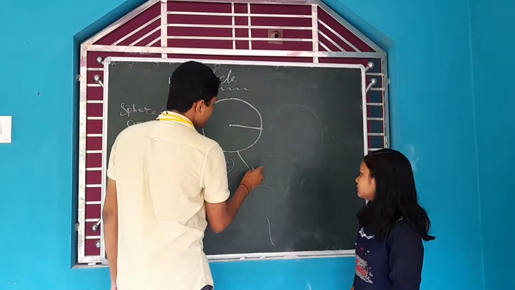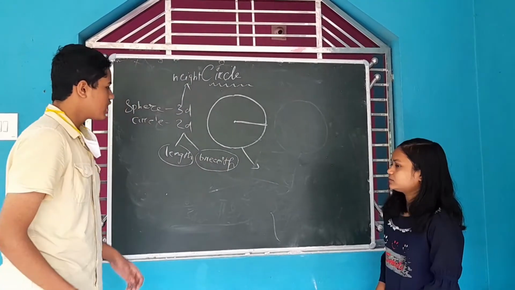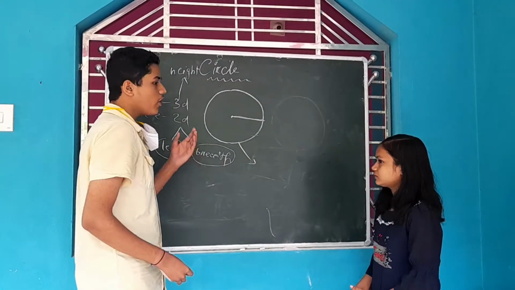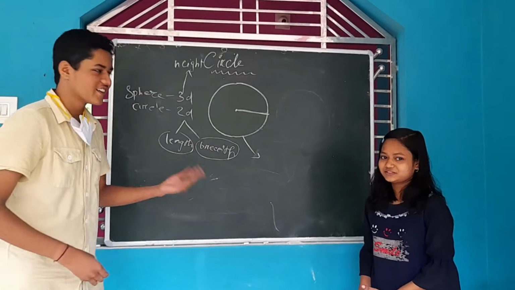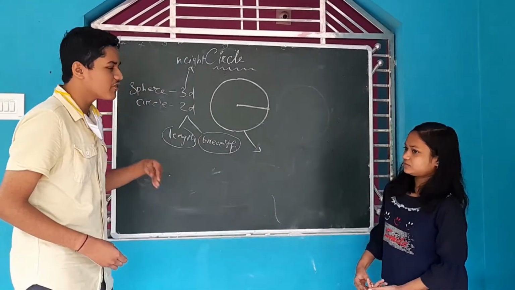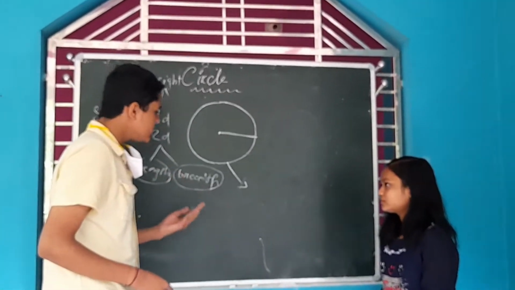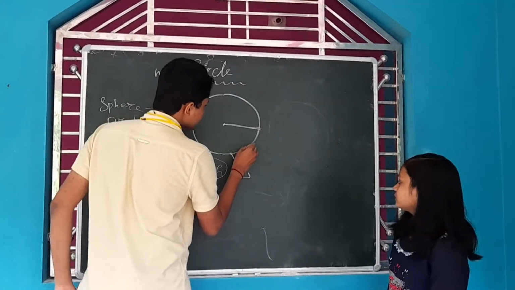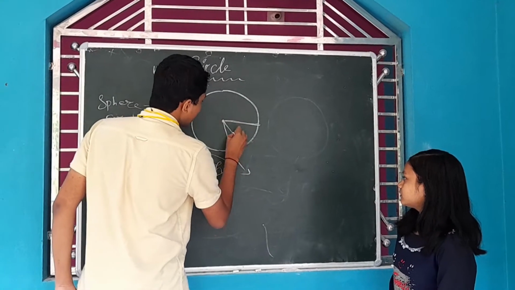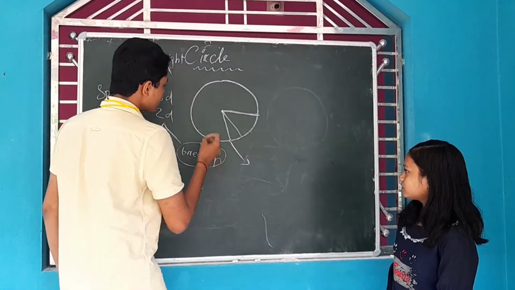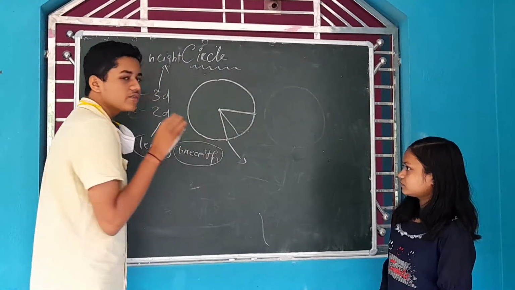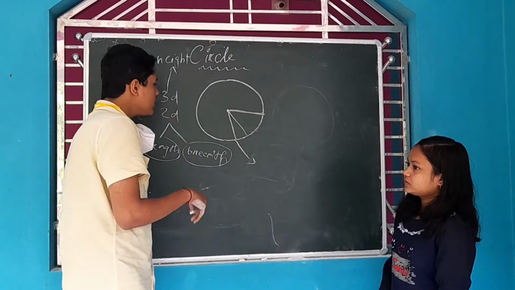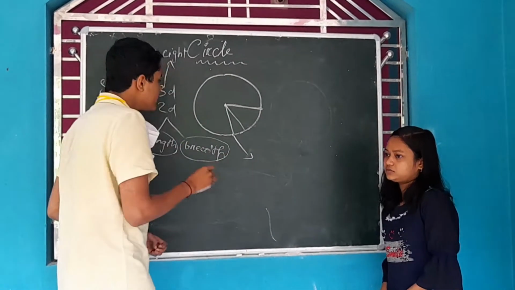A circle is a collection of points, or infinite points, which form 360 degrees and have equal distances from any point to its center. And we know that the center is not a part of the circle, but it is in the interior of the circle.